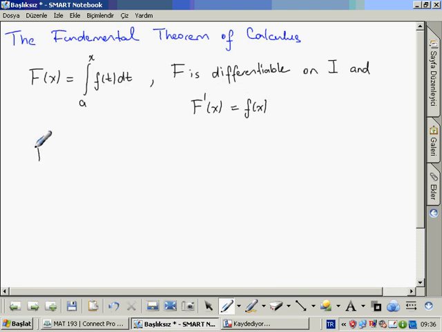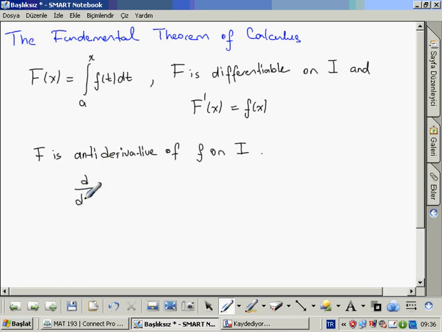We can say capital F is an antiderivative of f on that interval.